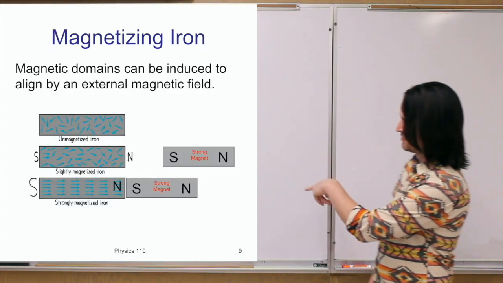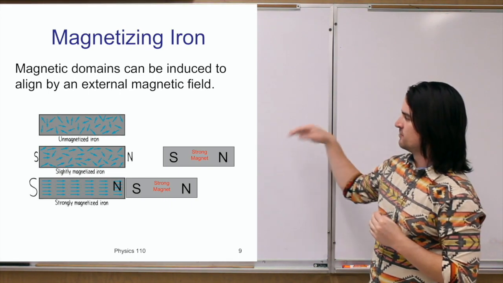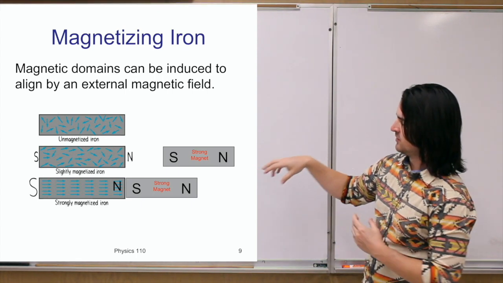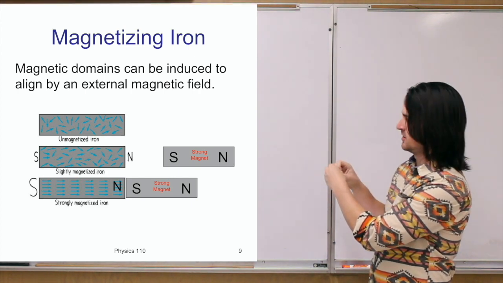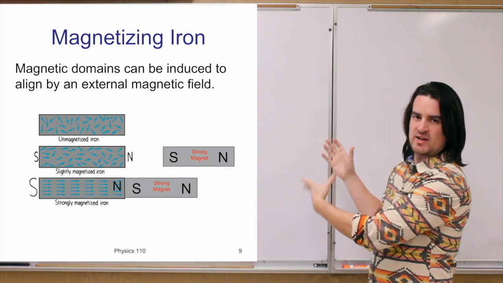Just to go back real quick to point out that when you magnetize a piece of iron with another magnet, you always end up creating a magnet that is in the position to be attracted to this strong magnet that you used to magnetize.